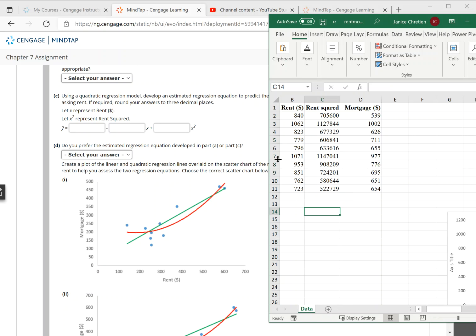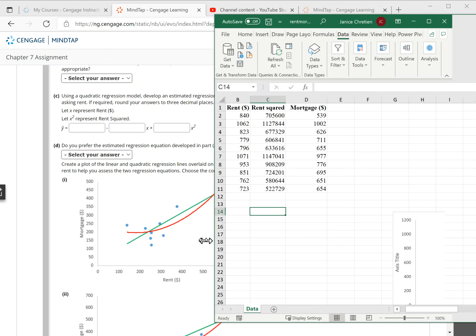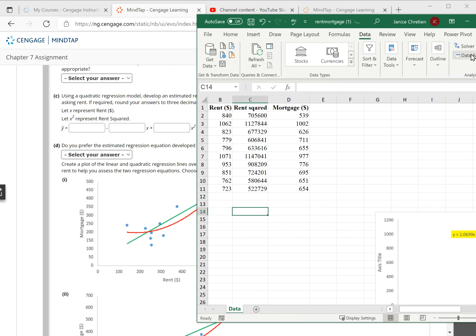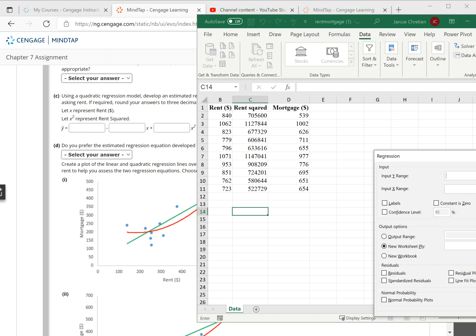So now I can run my analysis, my quadratic equation. So I'm gonna run this similar to how I have been with running a regression. My Y input is going to be my mortgage.